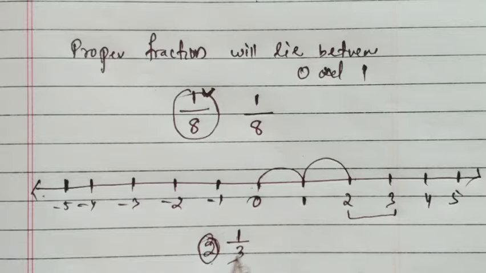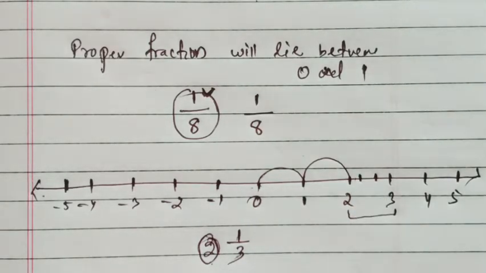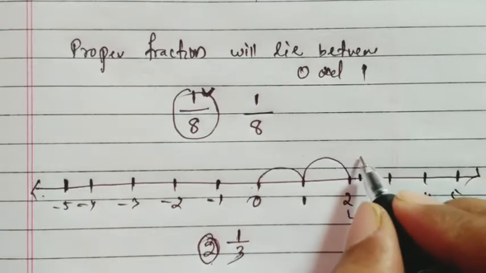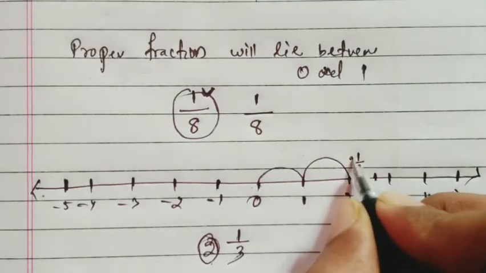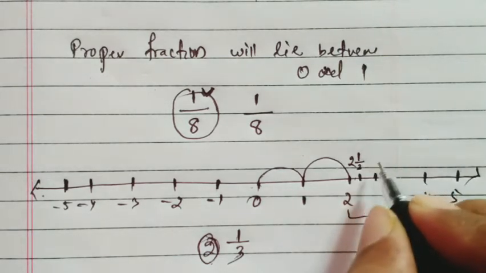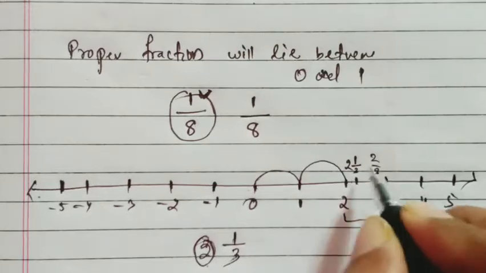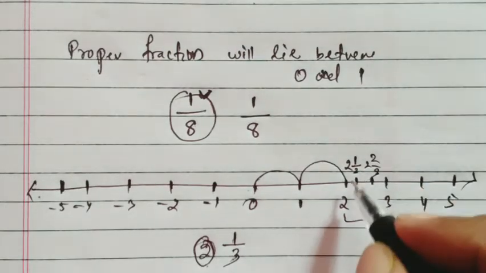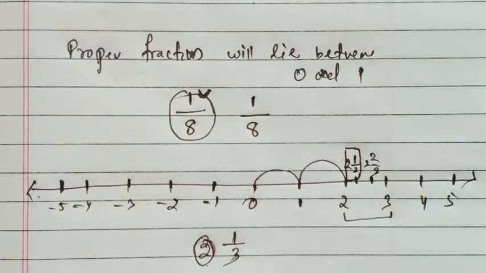So how many parts? 3 parts. This is 1/3, this is 2 1/3 and 2/3. So we mark this one as 2 1/3. Clear to all of you? How I plotted this 2 1/3?